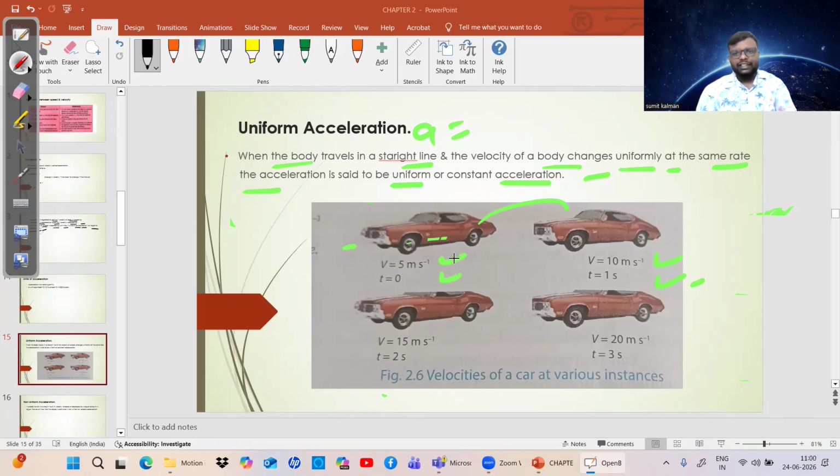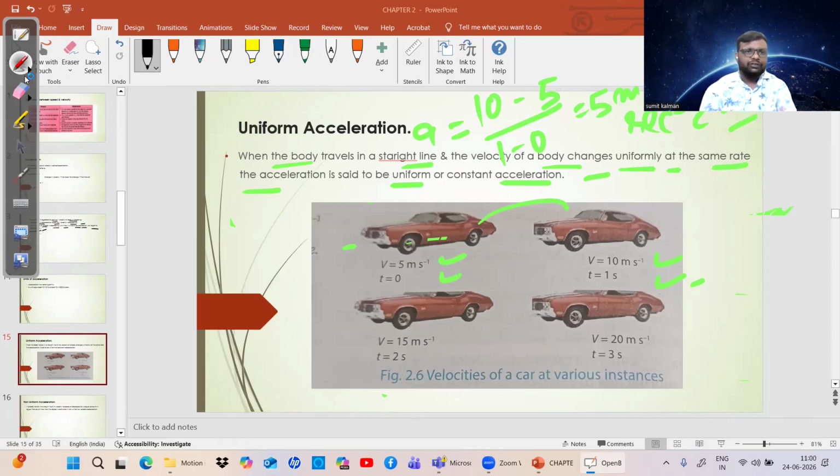Velocity is changing from 5 to 10 meter per second, so the change in velocity is 10 minus 5. The time interval for change is 1 minus 0. So we get 5, and the unit will be meter per second square. Acceleration is equal to 5 meter per second square.